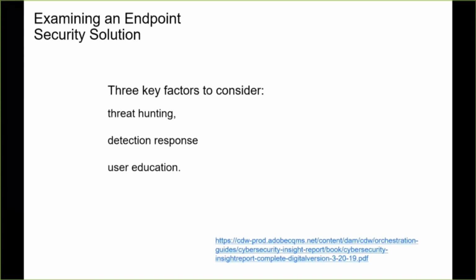And then also user education is really important. What you'll find is that about 50% of security events are actually insider events. And when we say an insider event, it doesn't necessarily mean that it was malicious.